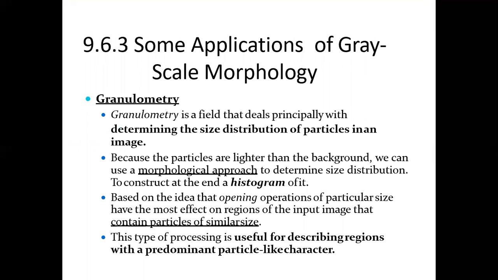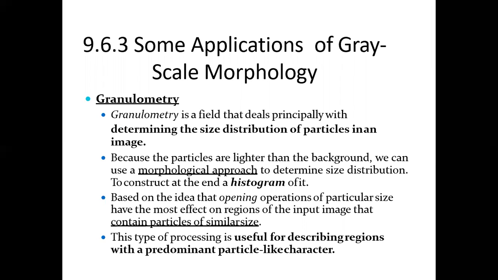Granulometry is a field that deals principally with determining the size distribution of particles in an image. Because the particles are lighter than the background, we can use a morphological approach to determine size distribution, to construct at the end a histogram of it.